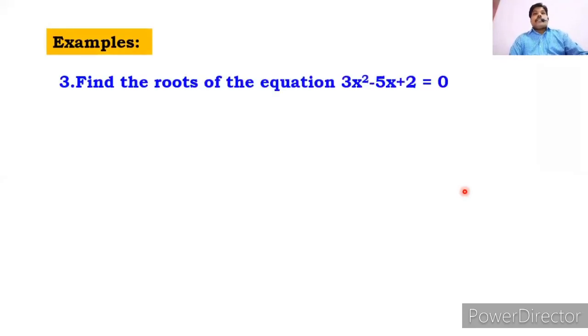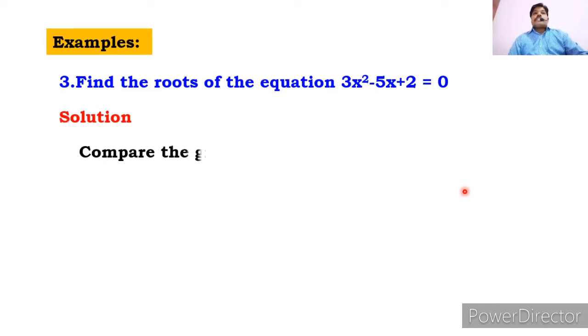See the next question. Find the roots of the equation 3x square minus 5x plus 2 is equal to 0. For this question, I am going to use the third method. The third method is nothing but using the formula. The formula to find the solution of a quadratic equation is minus b plus or minus square root of b square minus 4ac, by 2a.